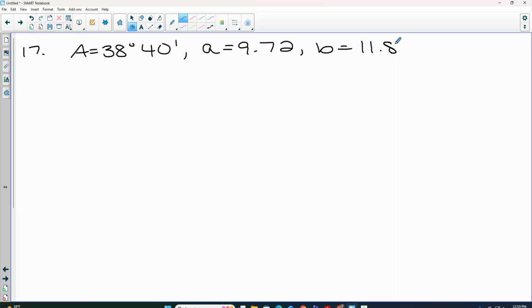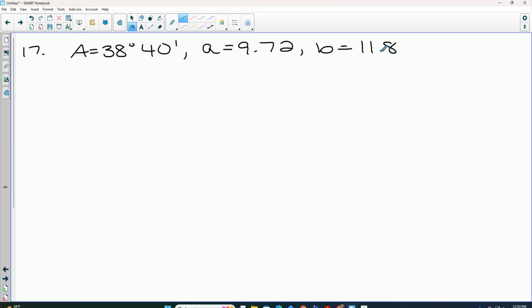So in problem 17, I know angle A, side A, and side B. Not that I couldn't use either one, but law of cosines is more set up where we can easily find a side.